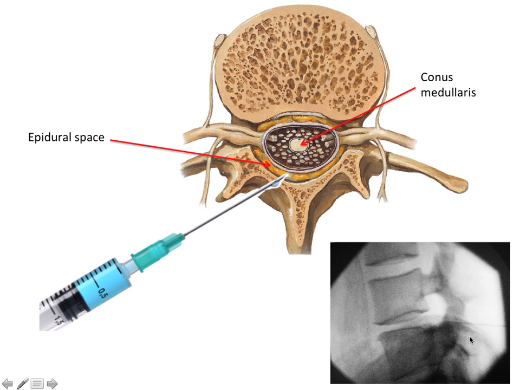And this is why you need to know your anatomy, because the epidural needs to sit in the epidural space. And a person who is well versed in reading fluoroscopy images can tell when they're in the epidural space, even though they can't directly visualize the fat, the dura, or the nerve roots.